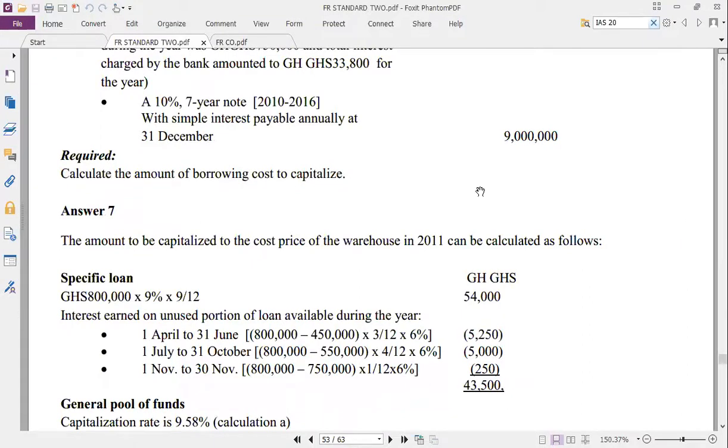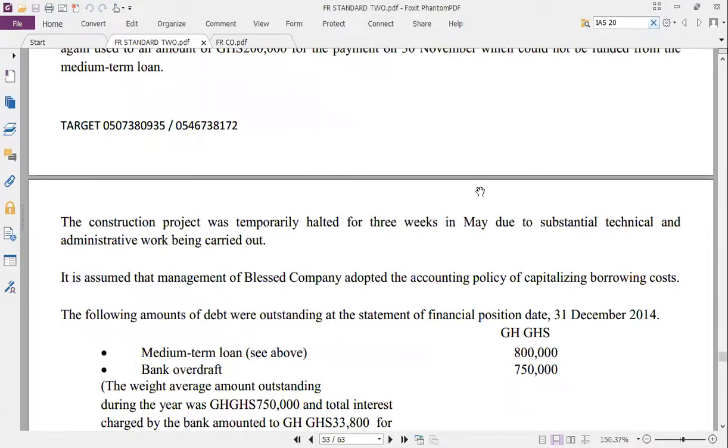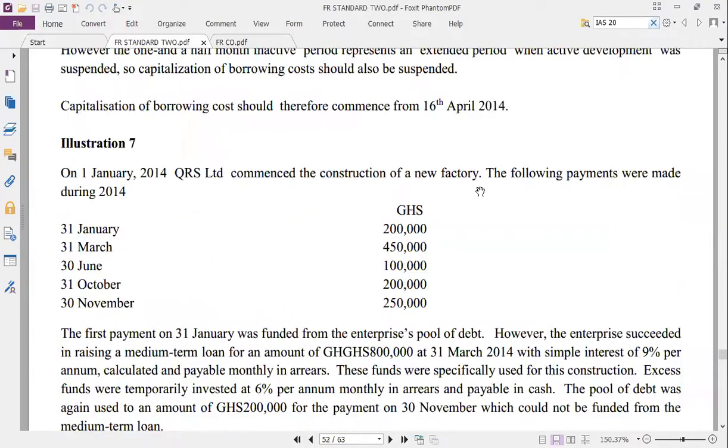I'll solve illustration 7. In fact, the solution is there, so you try it.